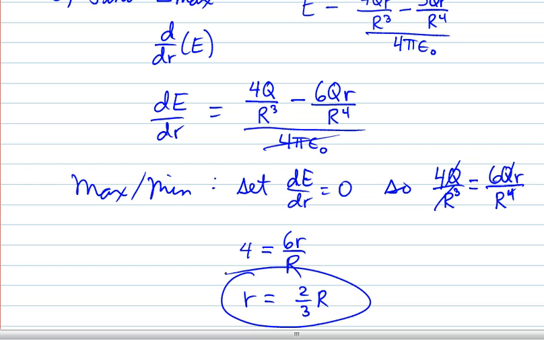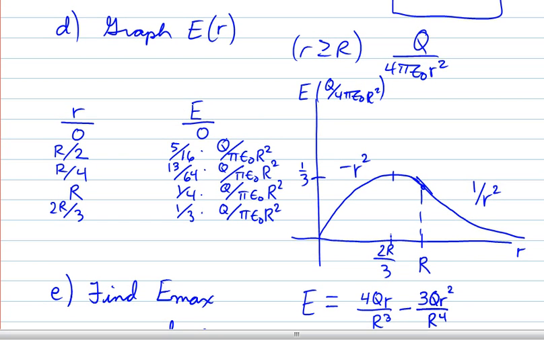And finally, we're asked to find the value of the electric field at this point. I did that earlier in part D, but it turns out to be 1/3 Q over pi epsilon naught R squared.